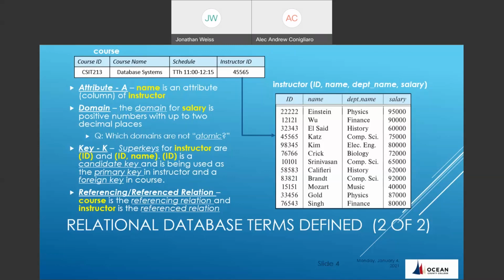Exactly, course ID, exactly right. Course ID equals CS, course ID. And we could say course ID, but since there's only one course ID here, we don't have to do that. But that's exactly right. Course ID equals CSIT213. That in quotes, because that's a field value rather than a field name.